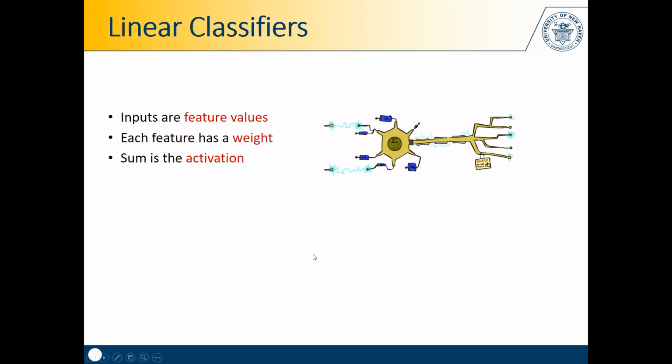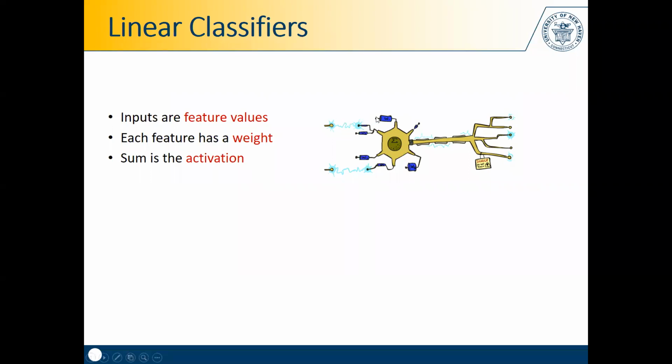Now, in linear classifiers, this model is called a perceptron. The inputs are the feature values. So each feature value, like in the case of handwritten digit classification, each pixel value goes through one of these input channels.